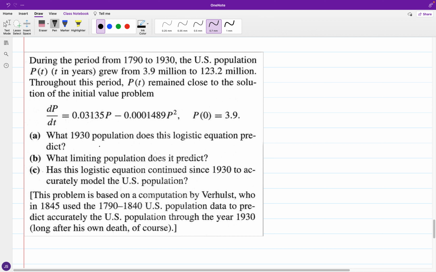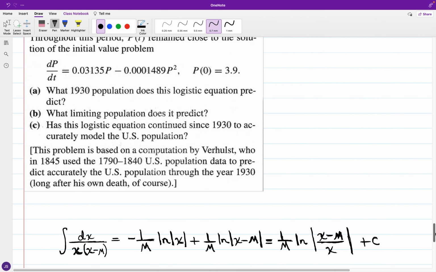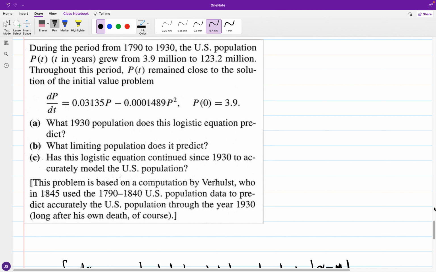So in 1790 we have 3.9 million. Now, going back to our algorithms with partial fraction decomposition leading up to natural logarithmic antiderivatives, this particular breakdown arises with this formula.